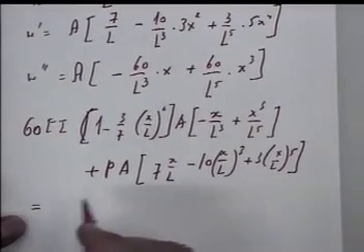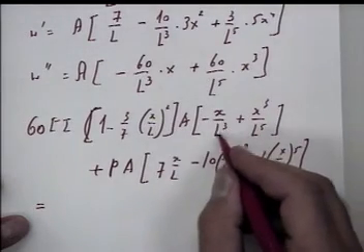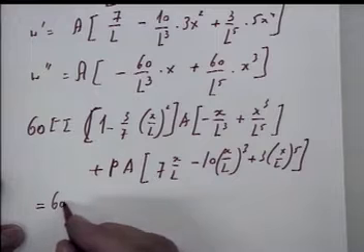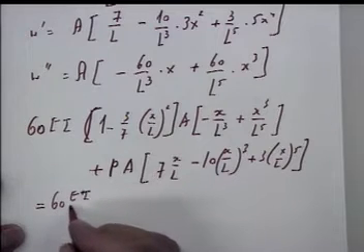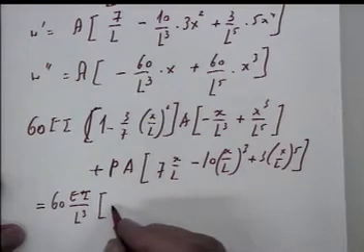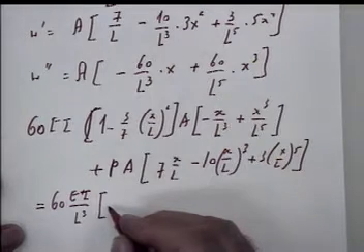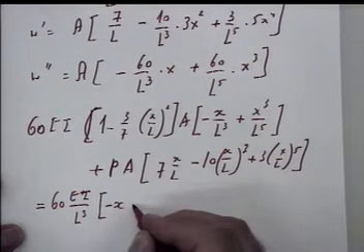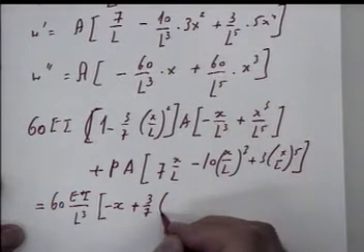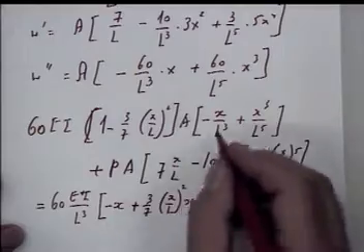This equals, I'm multiplying. So I will take out also this L cubed, because then we get 60 EI over L cubed. And we will have now, I will multiply by minus x first, minus x, and plus 3/7 x over L squared times x, so that is this term.